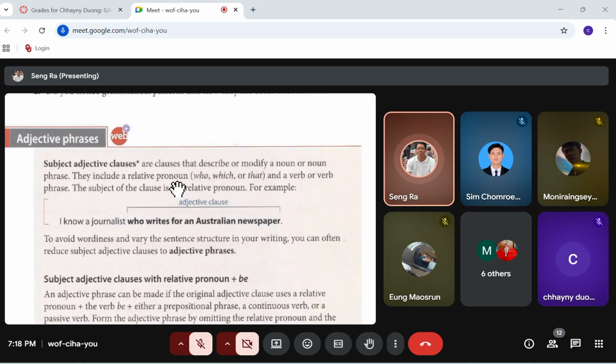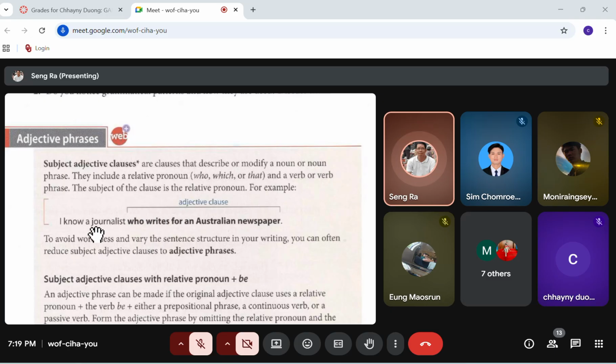They include a relative pronoun like who, which, that, and a verb or verb phrase. So the subject of the clause is a relative pronoun. For example, I know a journalist who writes for an Australian newspaper. So, who writes for an Australian newspaper is an adjective clause. It's not a phrase, it's not a word, it's a clause, because it includes a subject and a verb. So this adjective clause modifies journalist.